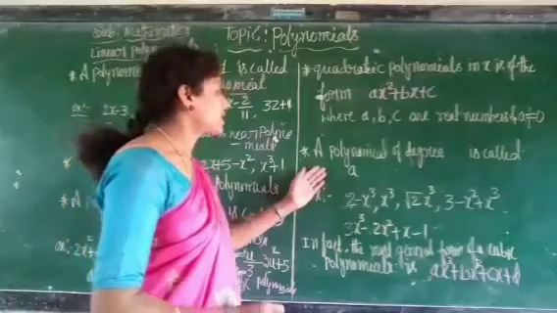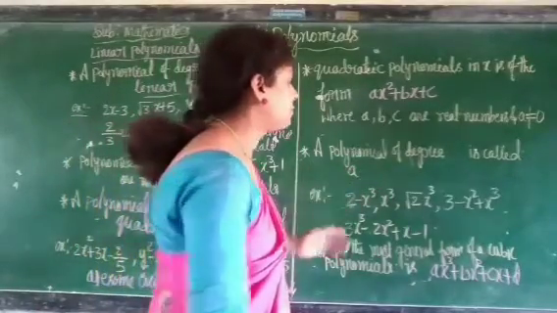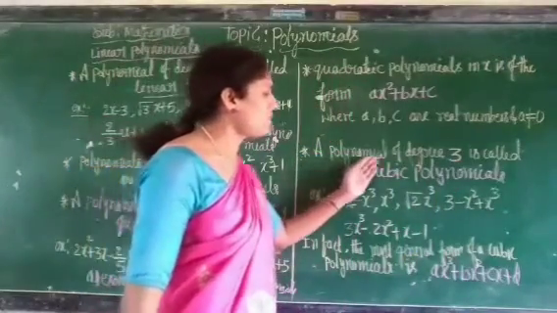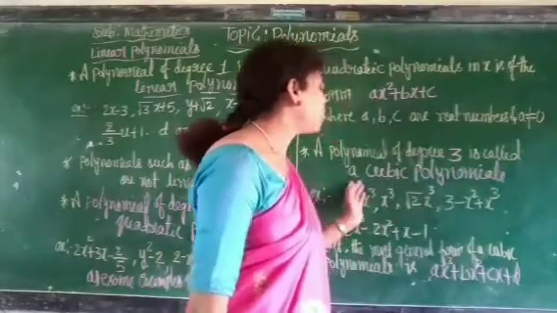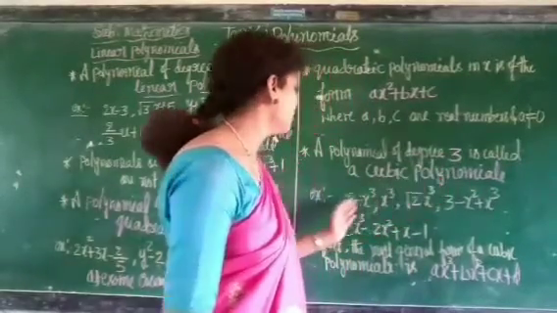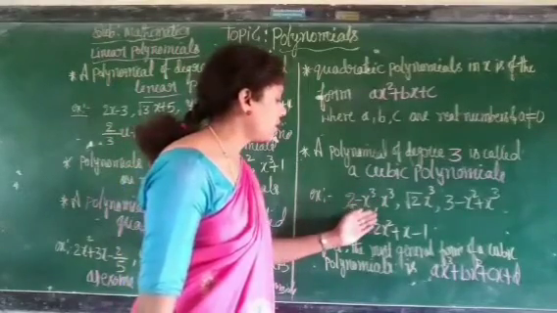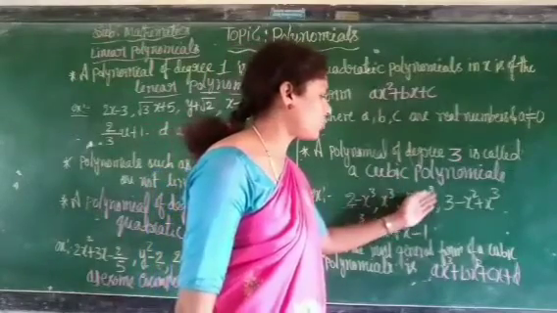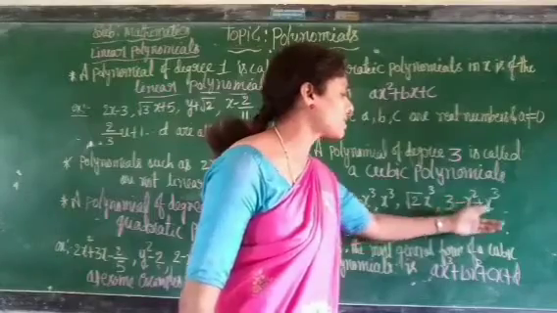Next, a polynomial of degree 3 is called a cubic polynomial. For examples, 2 minus x cube, x cube, root 2 x cube, 3 minus x square plus x cube.